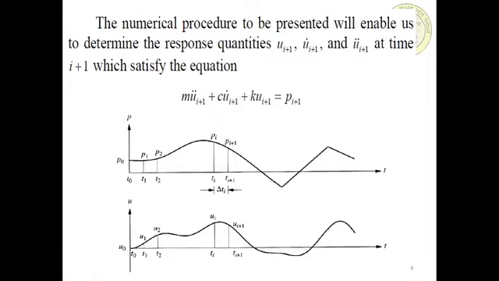As time increases, the displacement will either increase or decrease depending upon the force. You can see t1, p1, u1 at t1, then t2, u2. Like that, the force increment is over the small interval delta t i, and similarly the displacement takes place from u i to u i plus 1.